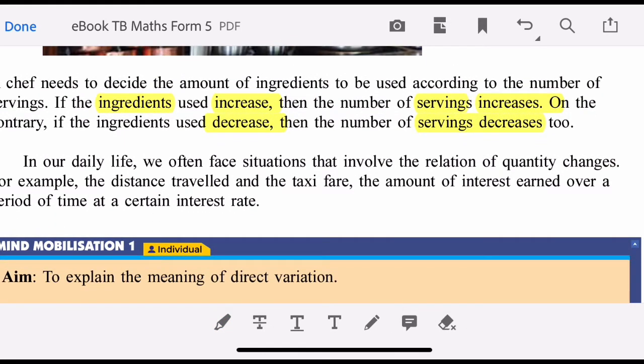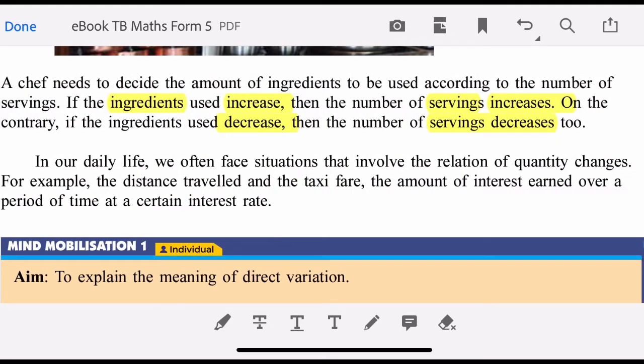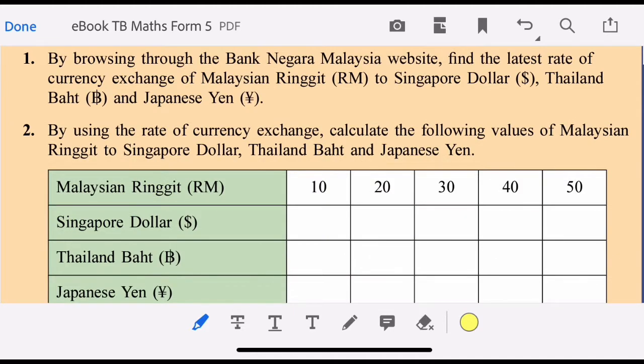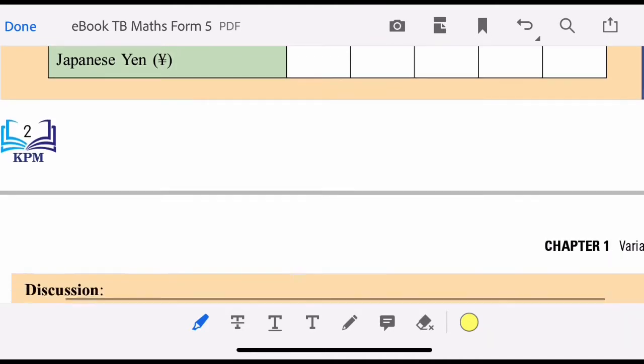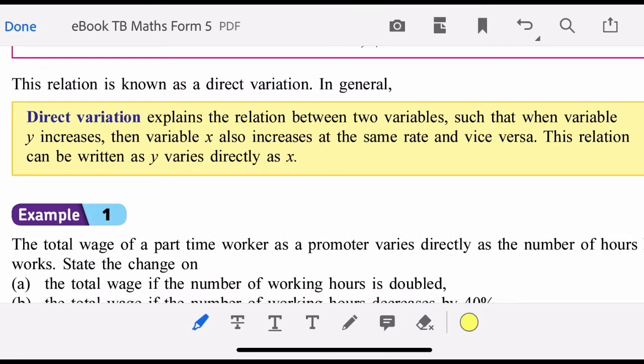In our daily life, we often face situations that involve the relation of quantity changes. For example, the distance traveled and the taxi fare, right? Alright, so these are the example and the table. Now this relation is known as direct variation.